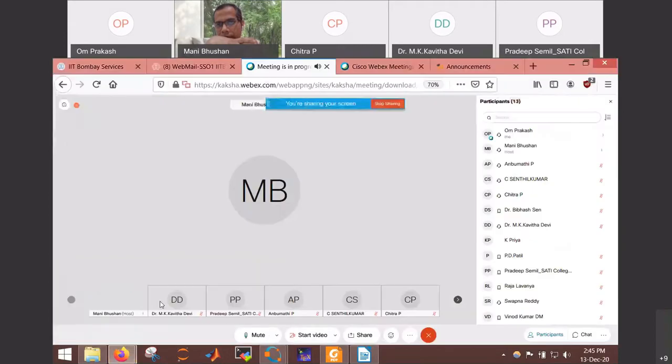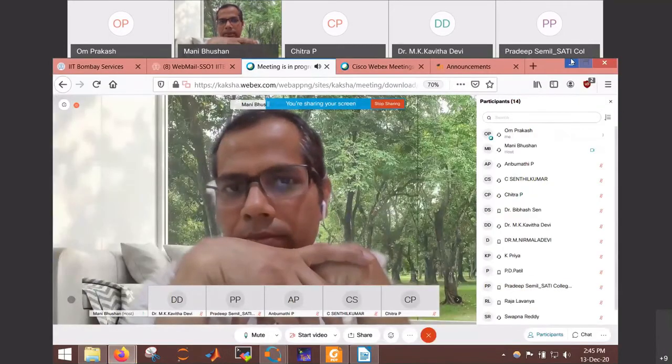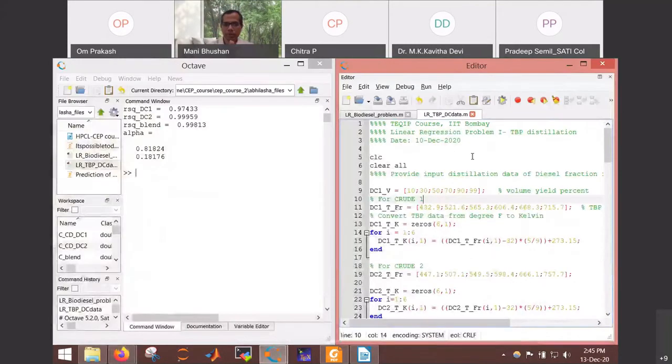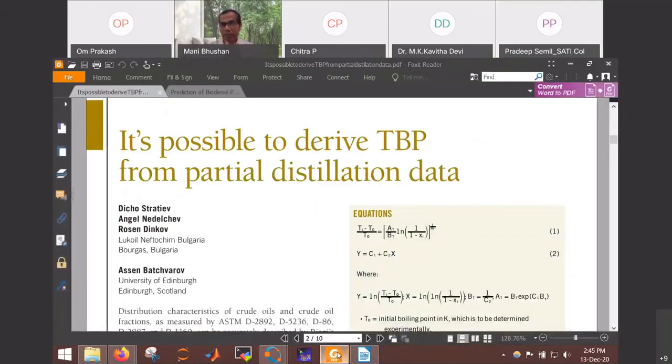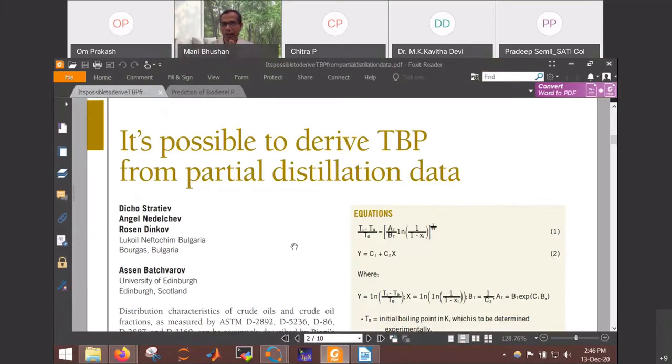What Om Prakash showed you is basically the basic things of regression. When you are given y and x data, you can estimate the parameters. Again, if you go back to what we did yesterday in terms of sample statistics and statistical inference, what do we want to estimate? We really want to estimate the true slope and the true intercept.